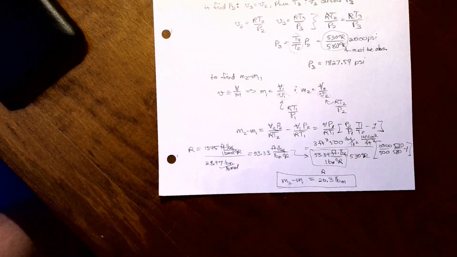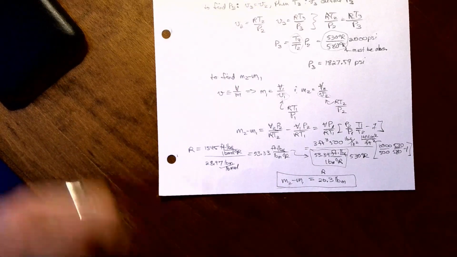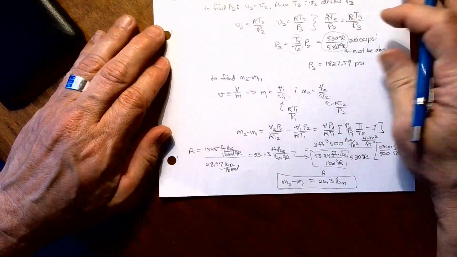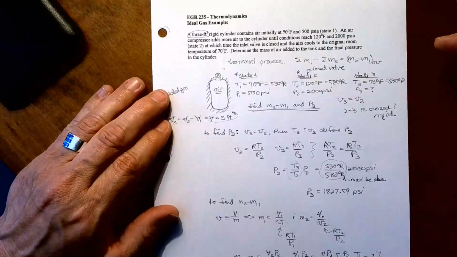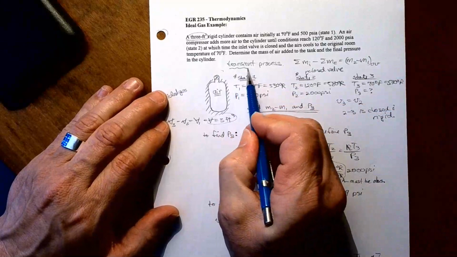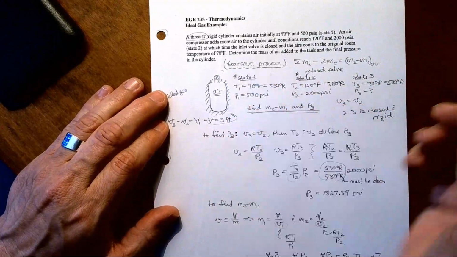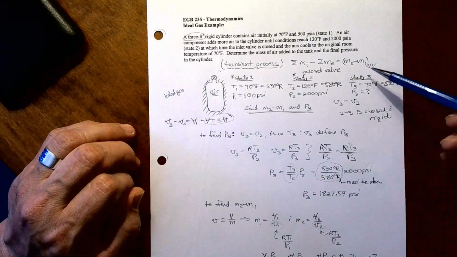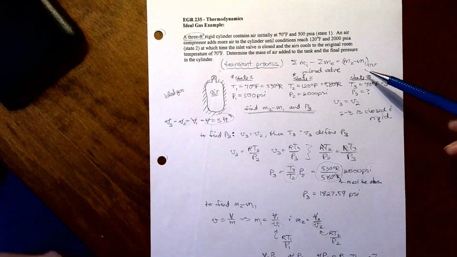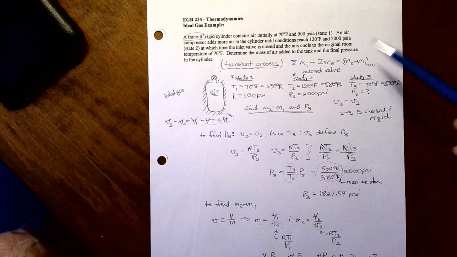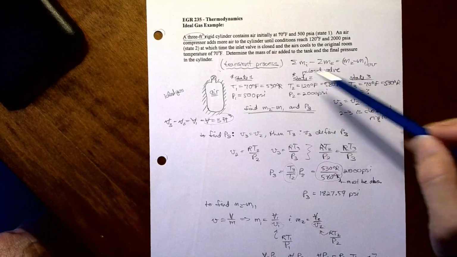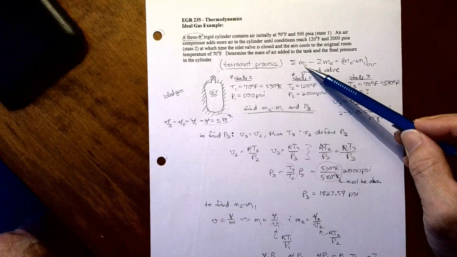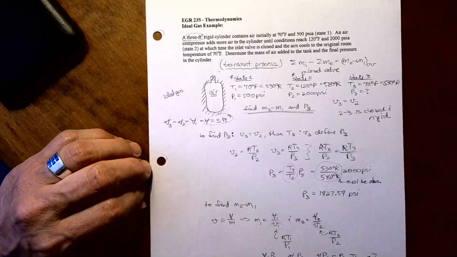Okay, so that completes one example. And key to this was identifying this right away as a transient process so that we knew which equation to be starting with. The problem's not asking for this, but we could also calculate how much mass entered, right? I guess that's what we got from the energy balance.